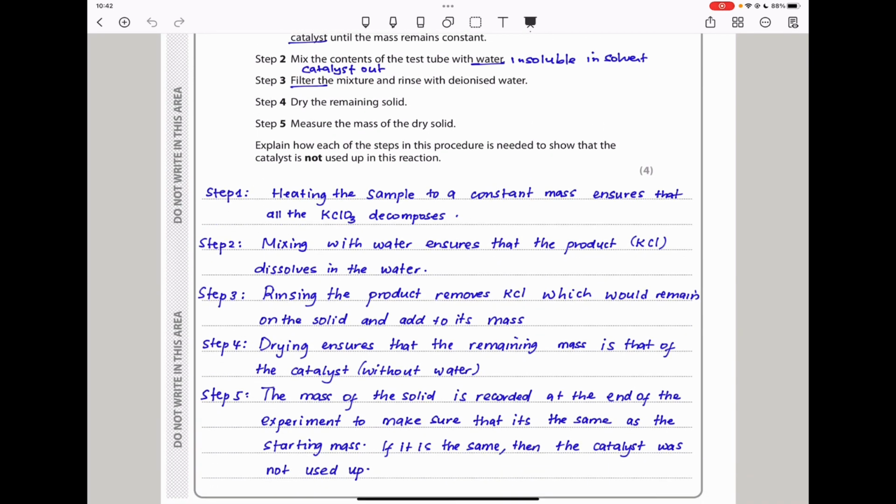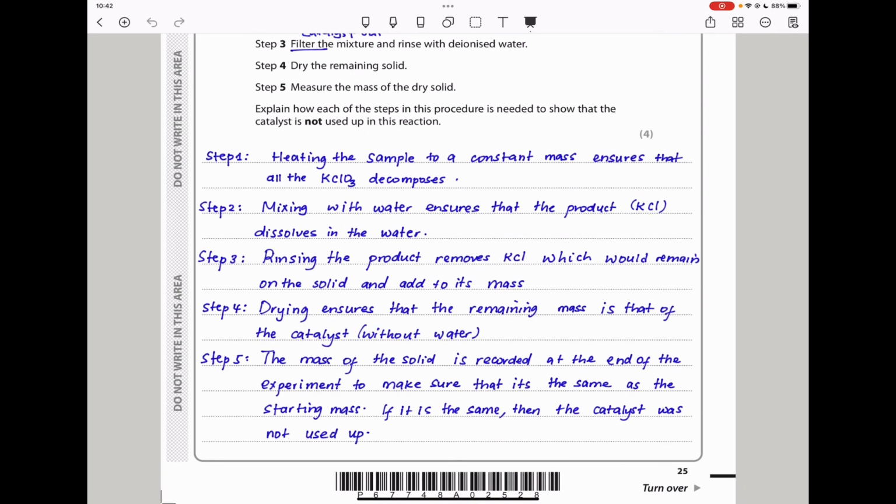Then step 3, rinsing the product removes potassium chloride, which would remain on the solid and add to the mass of the catalyst. Step 4, drying ensures that the remaining mass is that of the catalyst, meaning without the water. Step 5, the mass of the solid is recorded at the end of the experiment to make sure that it's the same as the starting mass. If it is not the same, then the catalyst was used up.